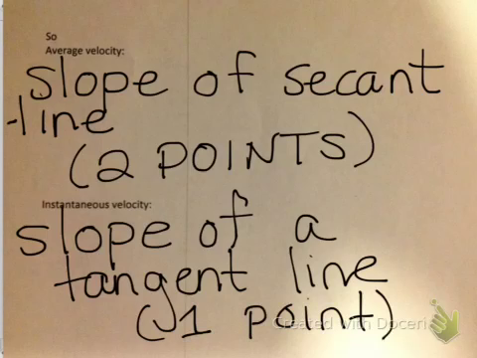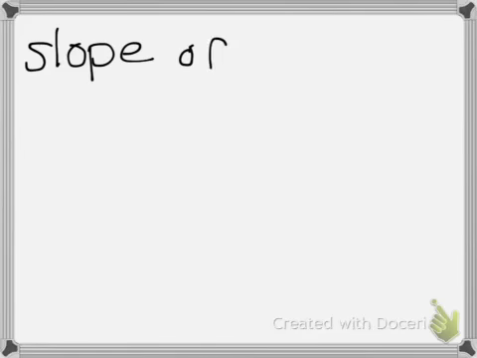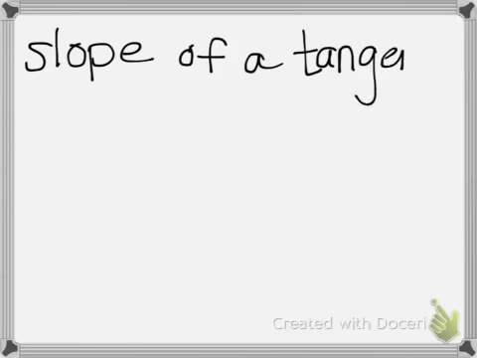Okay, and the big idea here is to find the slope of a tangent line. Okay, to find the slope of a tangent line, what are you going to do?